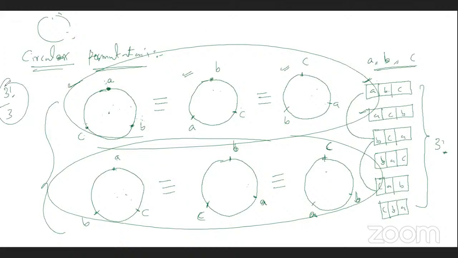And suppose if you are having n distinct things arranged in a circular permutation, what about the number of ways? n factorial by n, sir. Very good. I will write it directly now. And moreover, one thing we can understand is that in circular permutation there is no starting point. Note this down.